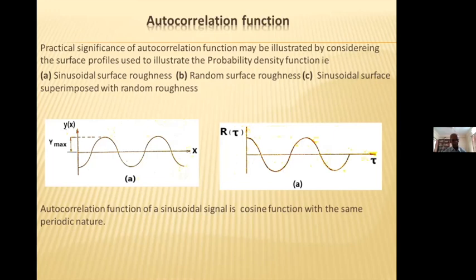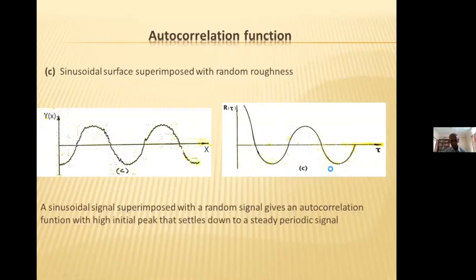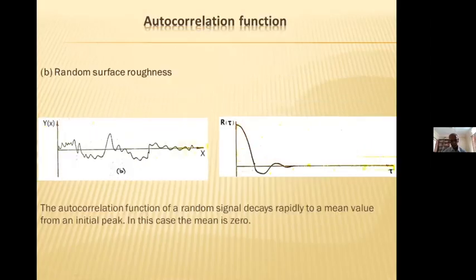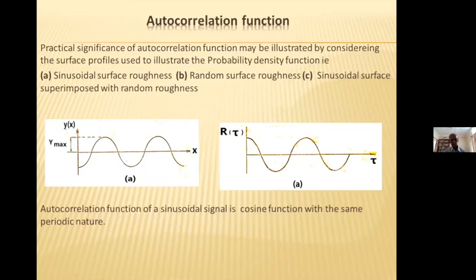So if we take a sinusoidal surface roughness, if we do the calculation, it can be seen that it becomes cosine.